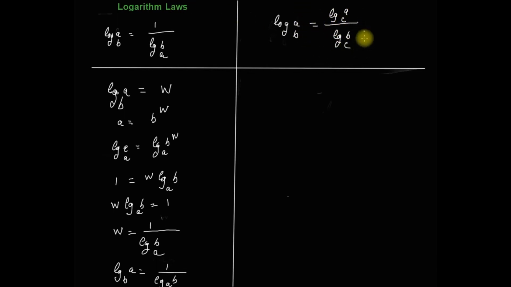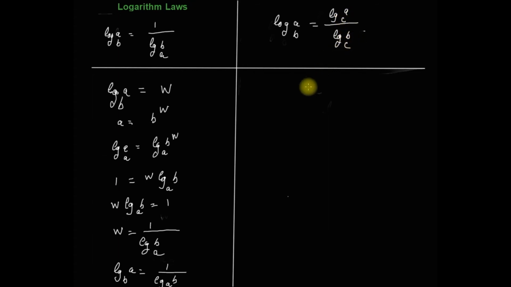Now to prove this next relationship, we have log base b of a. We want to prove it's log base c of a divided by log base c of b, i.e. if we divide two logarithms which are in the same base, they will result in the log of one in the other one's base.